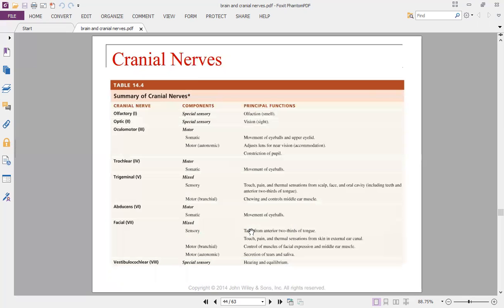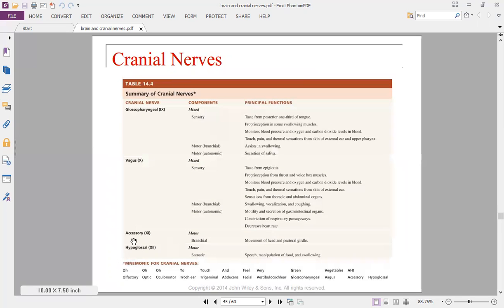Cranial nerves include olfactory nerve 1, optic nerve 2, oculomotor 3, trochlear nerve 4, trigeminal 5, abducens 6, facial 7, vestibulocochlear 8, and then you have glossopharyngeal 9, vagus 10, accessory 11, and hypoglossal 12. So the mnemonic is given to you here.